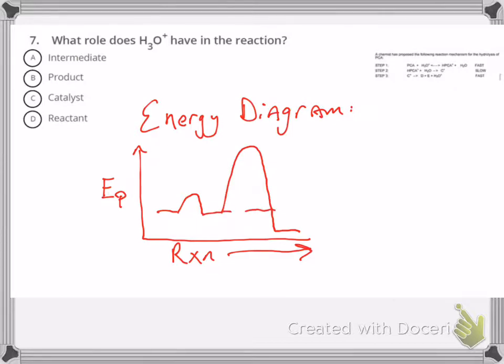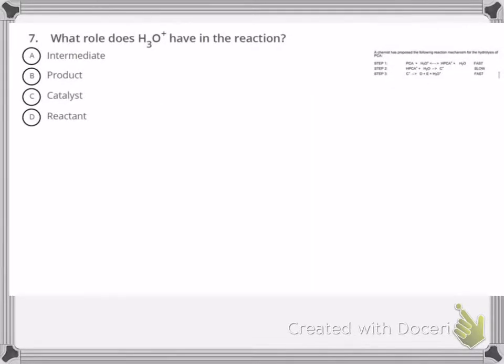The main thing is that we should show that step 2 is exothermic because we have two particles making one, this particle C. And so in the slow step, we should have an exothermic. We should also have a high activation energy for step 2 compared to step 1, right? Okay.